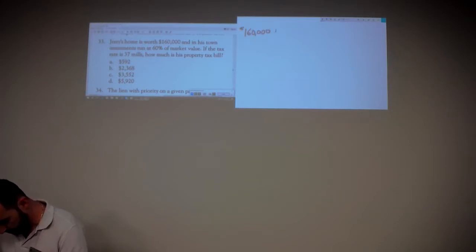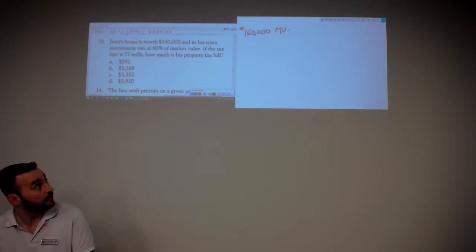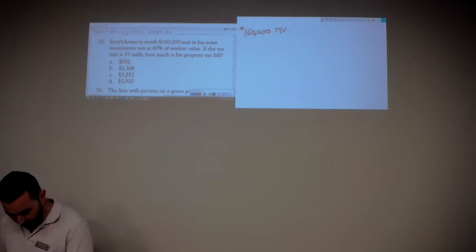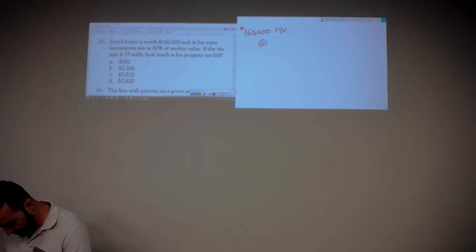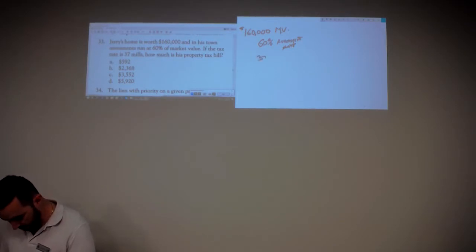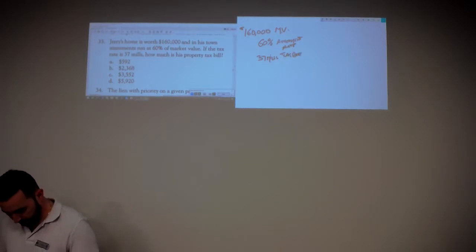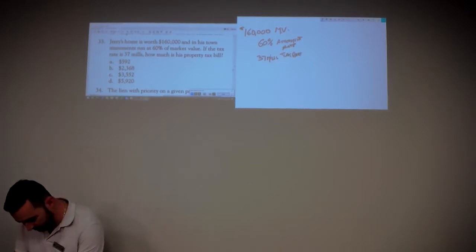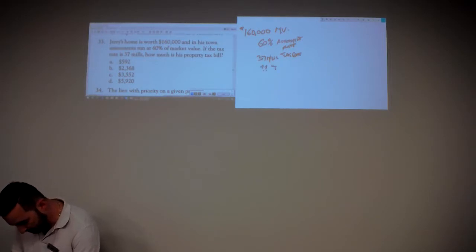This is market value, correct? Then it says assessments are 60%. So that's the assessment rate. Then it says the tax rate is 37 mils. Tax rate. Okay, so these are the numbers we got. And the question is, what is the tax bill?